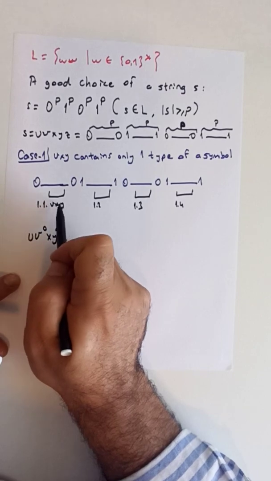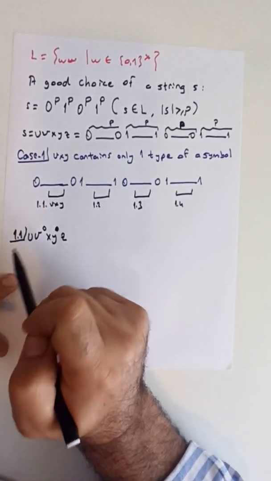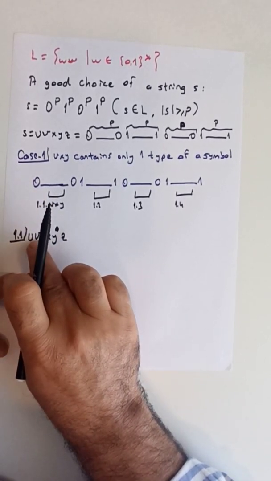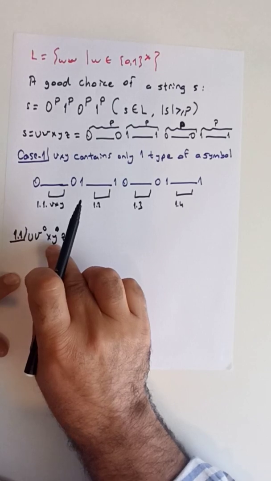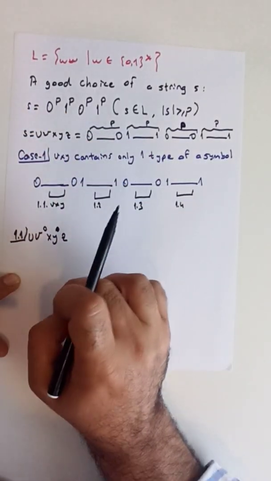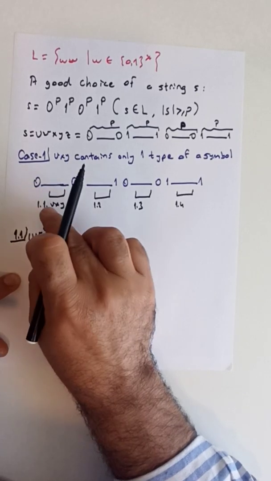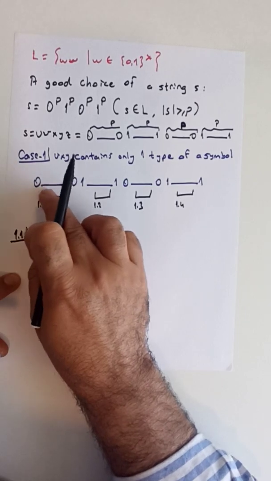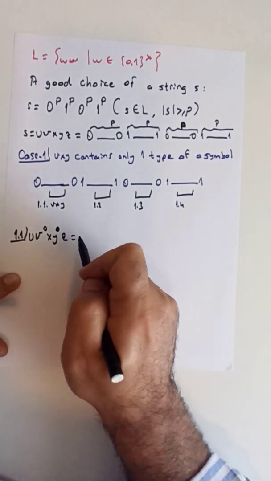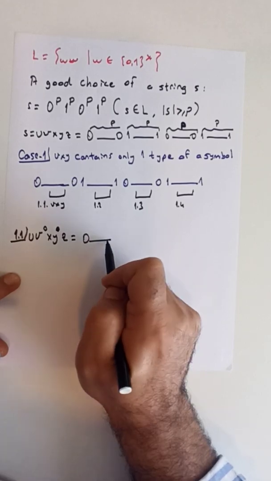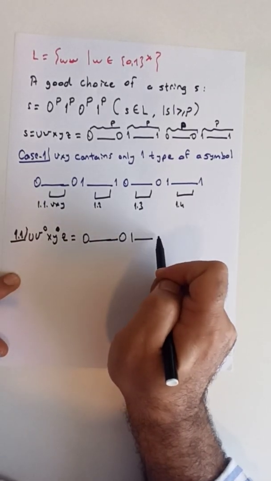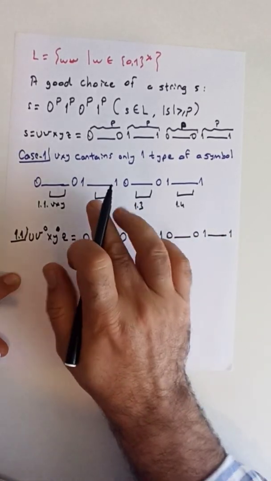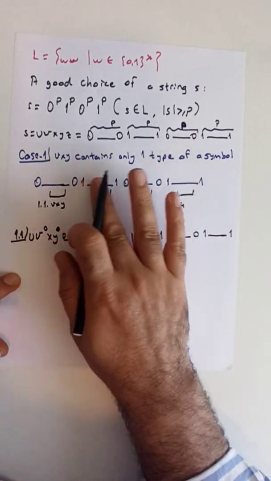Since vxy belongs to the initial zeros and we are pumping down, basically we are removing v and y parts in our string uvxyz, this means that, since v or y is not epsilon, we are definitely removing some number of zeros in this part. And the new string will look like the following: zeros, ones, zeros, ones.